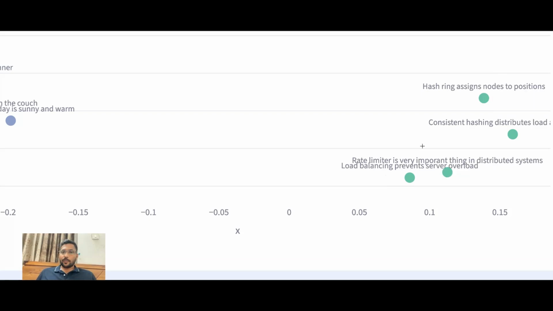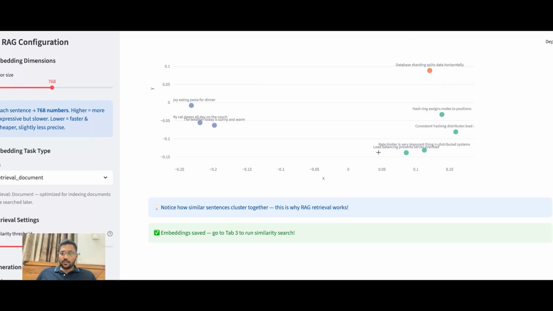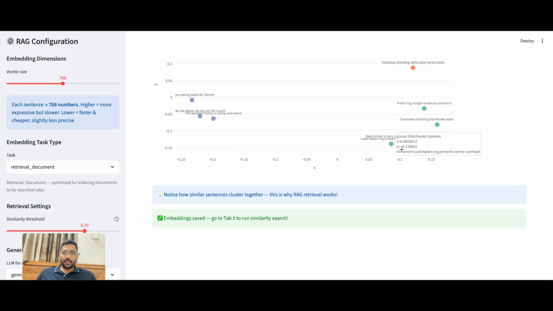So things specific to distributed system are there, and we got this rate limiter related entry. That's how this mathematics is applied, and it understands the relevance between multiple sentences.